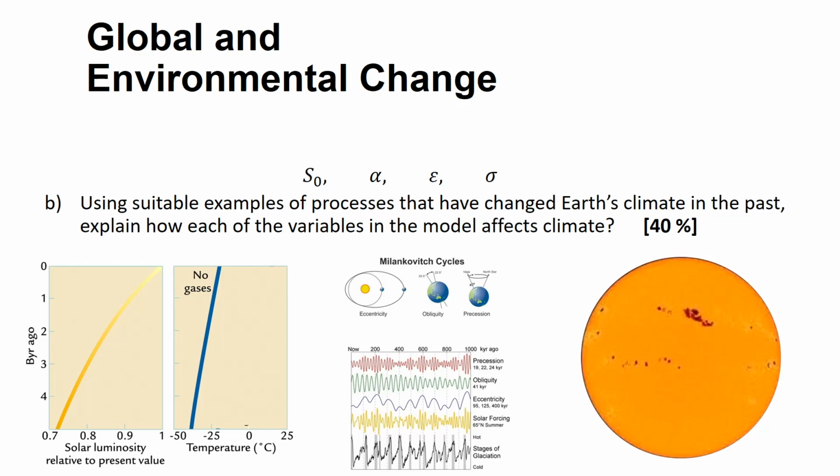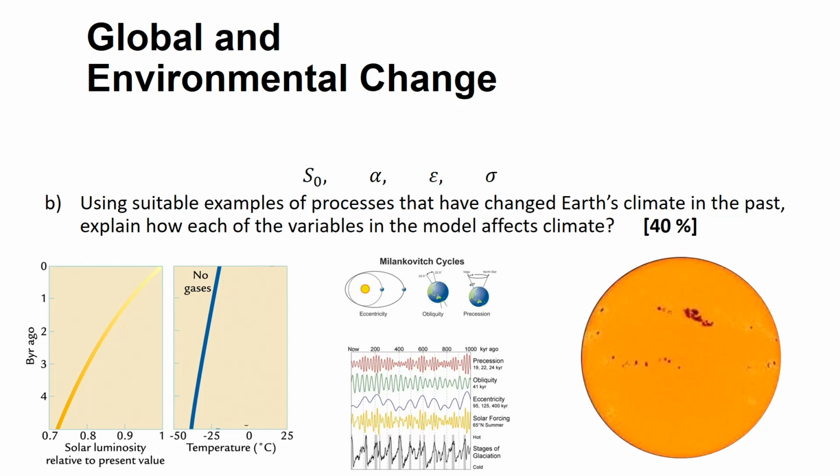Also, we've had in the past cycles of variability in the power of the sun, so-called sunspot cycles, and they have potentially had a small effect on the Earth's climate. So when S0 goes up, the temperature also goes up. You could have used the equation to explain that: S0 is the top part of the fraction, so if you increase that term, then you increase the temperature.